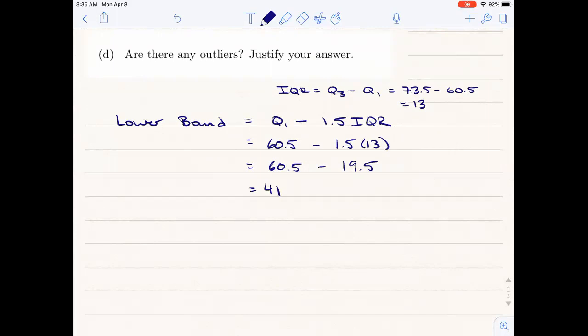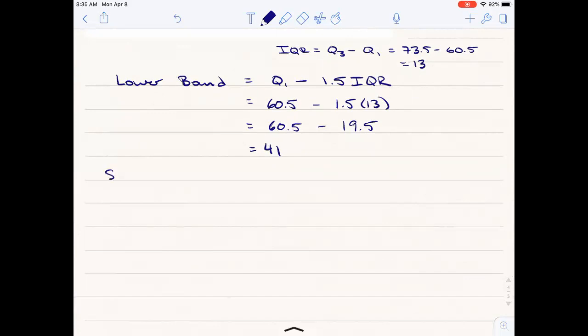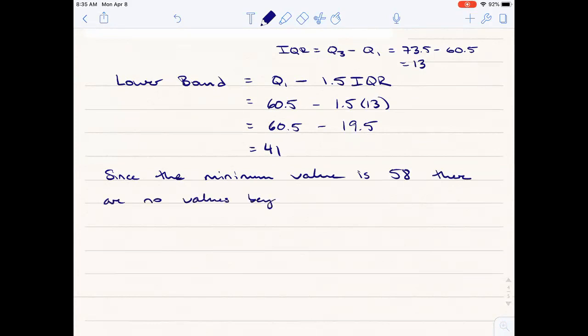Now we check, are there any values below 41? If there are, they would be outliers. But since the minimum is 58, there are no values beyond the lower bound of 41.